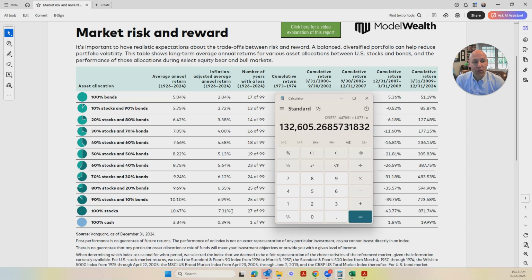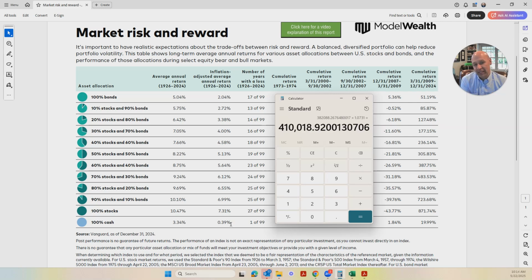So that's the power of investing in stocks over long periods of time. Your 100,000 grows to today's feel of over 410,000.